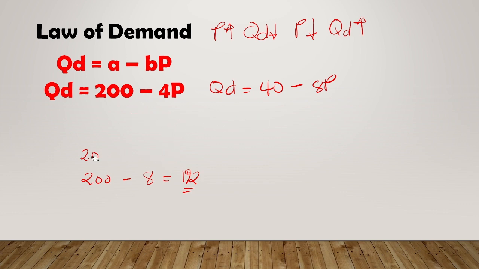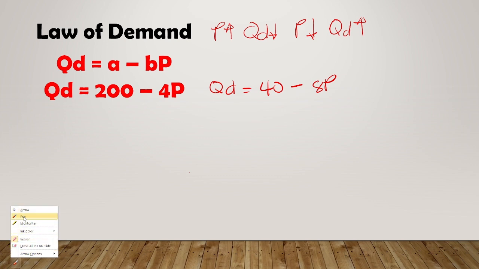You can pause the video and answer it on your own. Say the price is 2 again, and our QD is the unknown. How much will be the QD? You can pause the video and try to answer on your own.